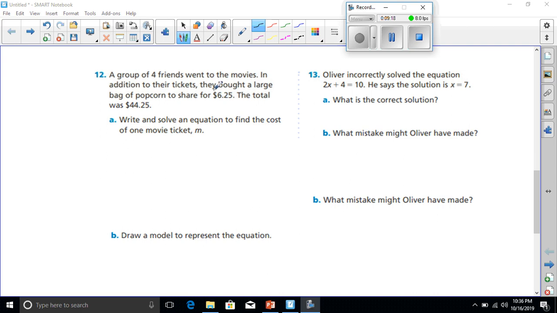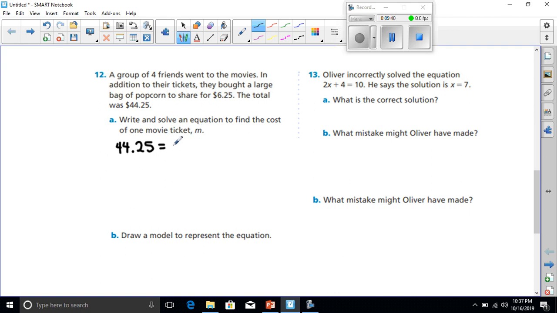Well, the first thing I have to think of is, what was the total? The total was $44.25. We know that has to be on one side of the equal sign, because everything's going to equal that. Now we have 4 friends, but we also know that we have a movie ticket here, right?